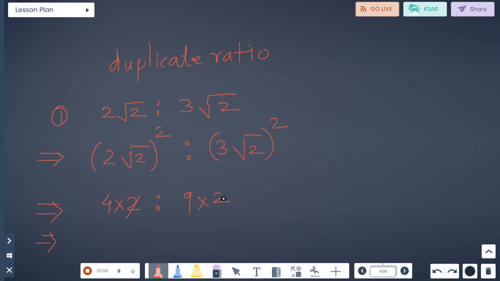After cancelling this 2 and this 2, we get 4 is to 9. So 4 is to 9 is the duplicate ratio of 2 under root 2 is to 3 under root 2. Second question.